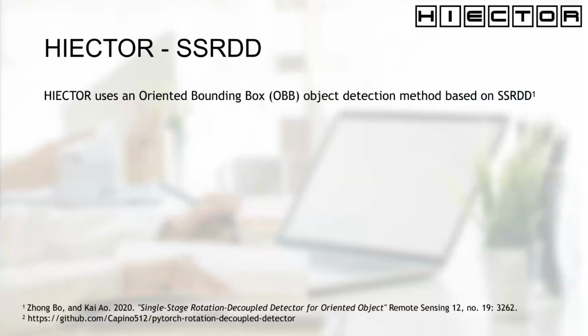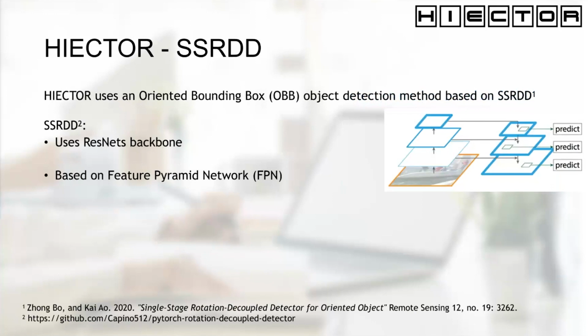Yector does object detection of oriented bounding boxes and uses the single stage rotation decoupled detector, SSRDD, which was recently proposed. The SSRDD algorithm is based on a ResNet backbone, with pre-trained weights from ResNet, and uses a feature pyramid network, which means it does detection of objects at different scales throughout the ResNet architecture.